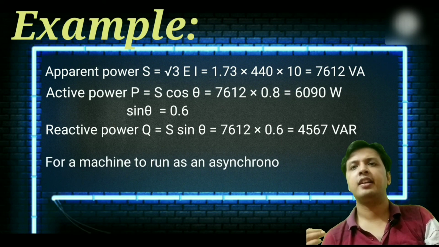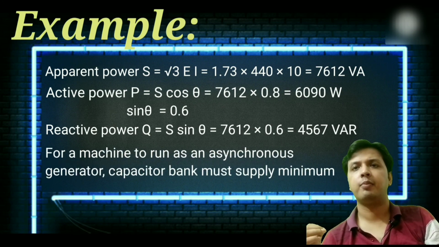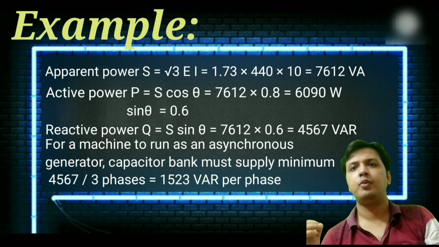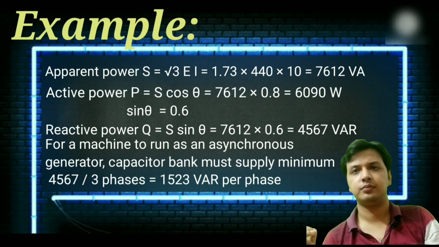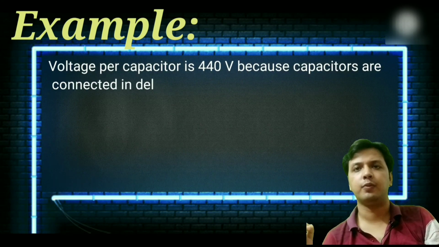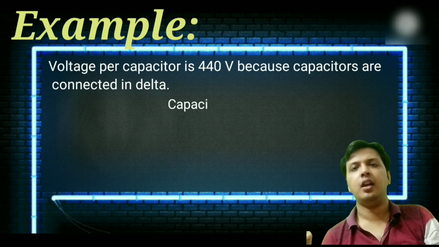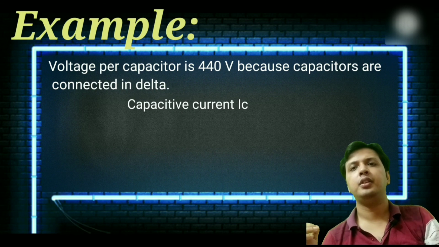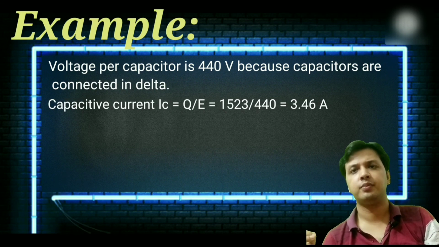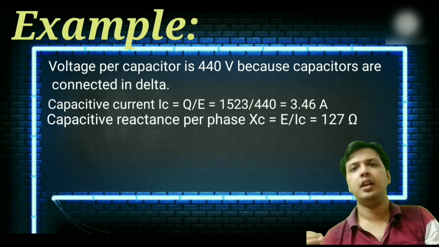For a machine to run as an asynchronous generator, the capacitor bank must supply a minimum of 1523 VAR per phase. Voltage per capacitor is 440 volt because capacitors are connected in delta. Capacitor current will be reactive power divided by its voltage per phase, that is 3.46 ampere.